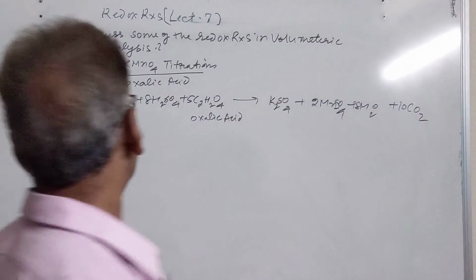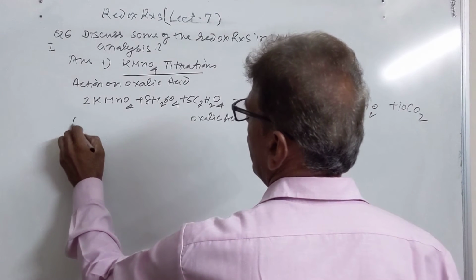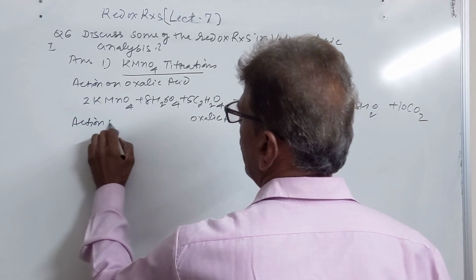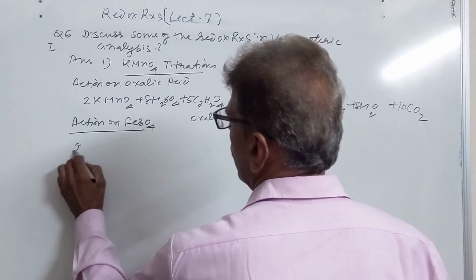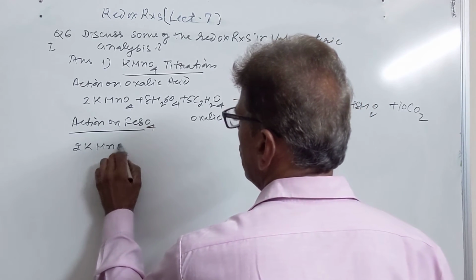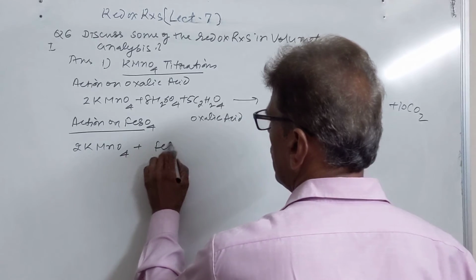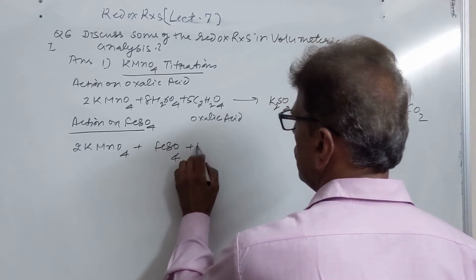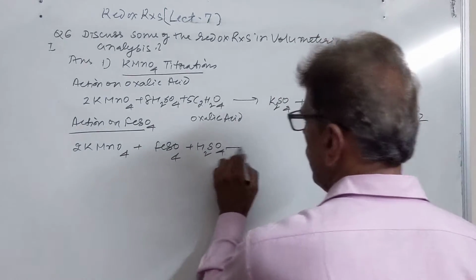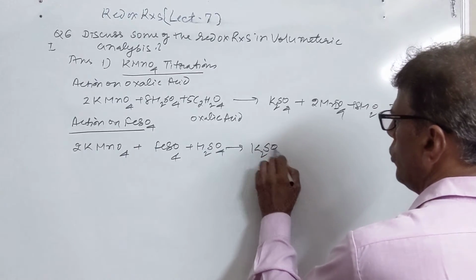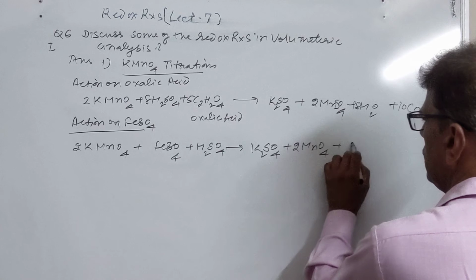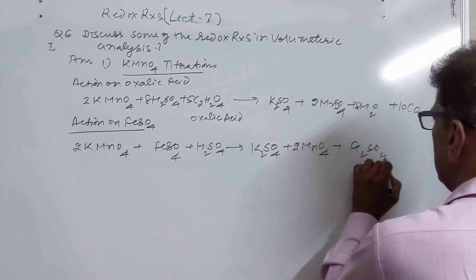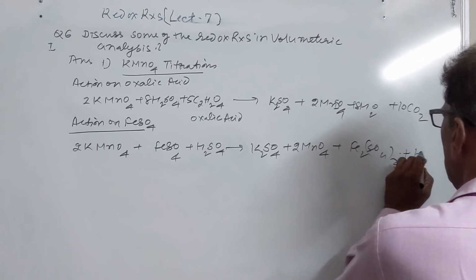Then we study the action on ferrous sulfate. So 2KMnO4 again combines with ferrous sulfate in the presence of H2SO4 to give you K2SO4, 2MnSO4 plus Fe2(SO4)3, and we get water molecules in this case.